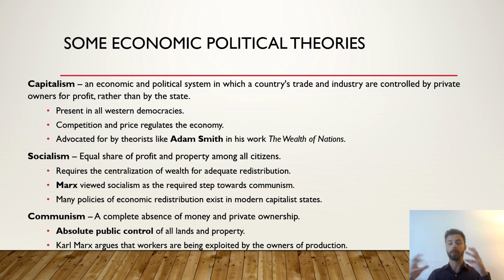Now we have perfect redistribution, and all goods are in public ownership. There is absolute public control of all land and property. After we've perfectly redistributed it, we all work in the dimension that we are capable, and we all obtain the fruits of all of our labors.